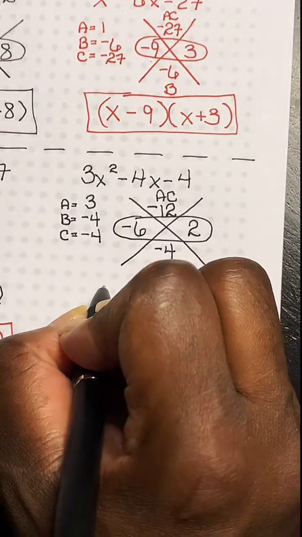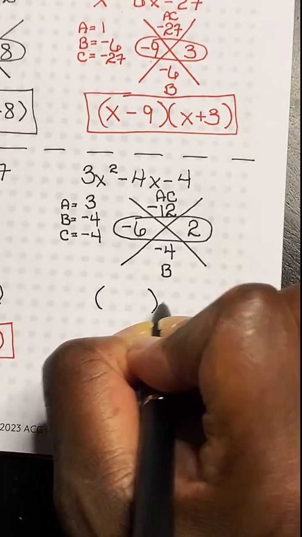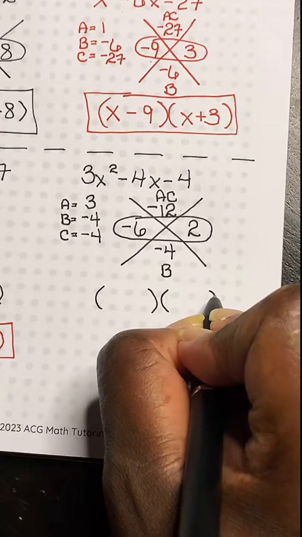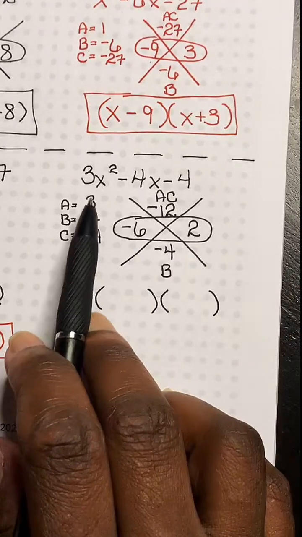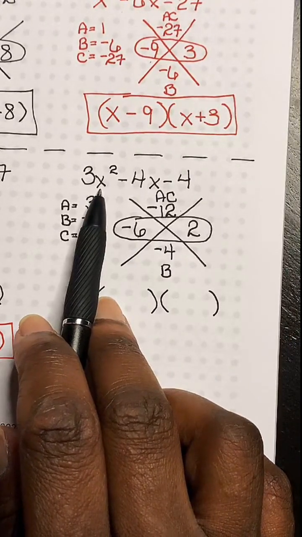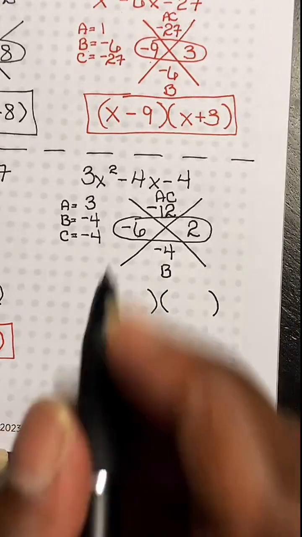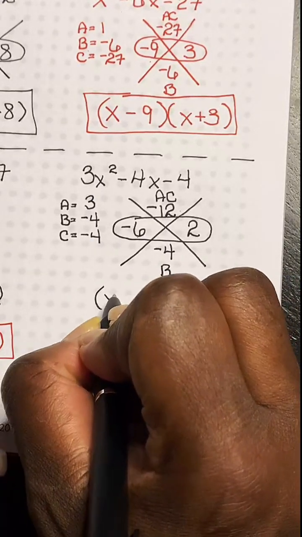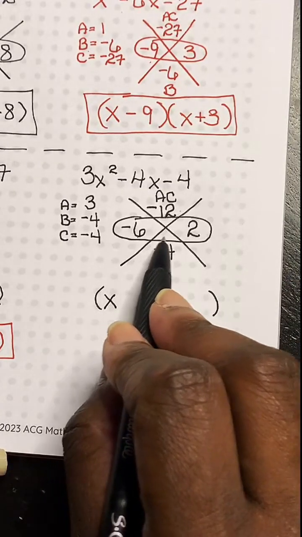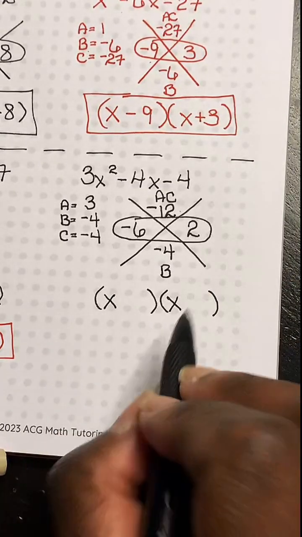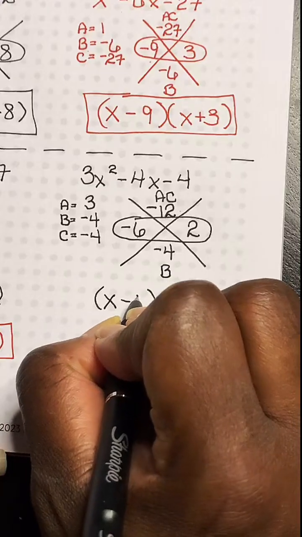If I put them in their own parentheses, this is when everybody's like, wait, something's gone left. We're using the variable that we have. Since this has an x squared, we're going to split the x's. The numbers that we found, we're going to fill in with the parentheses.